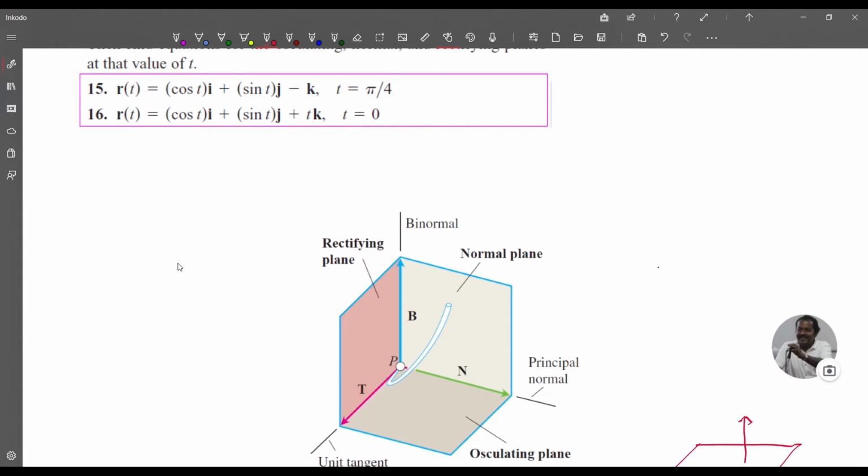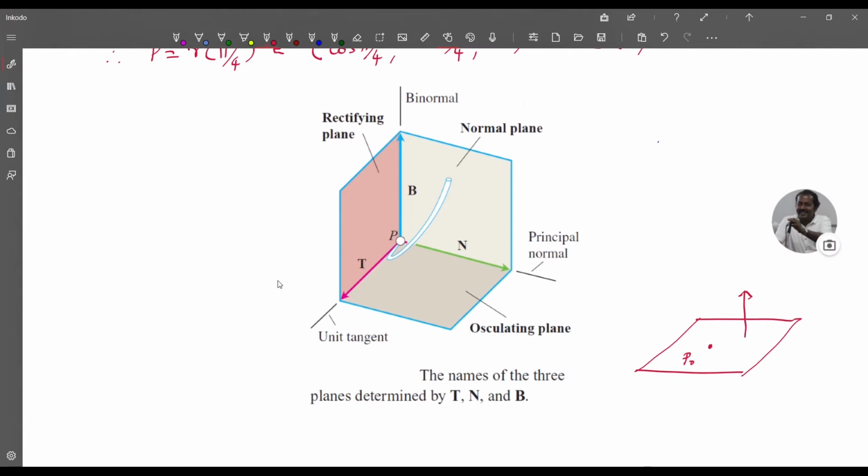Therefore, the point P is the components of r of pi by 4. So this is cos pi by 4, sin pi by 4, and minus 1. So this is the point 1 by root 2, 1 by root 2, minus 1. Take this as P naught.